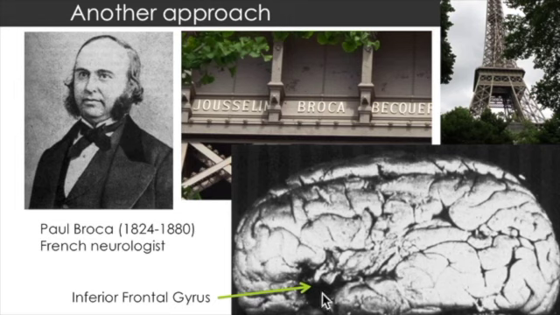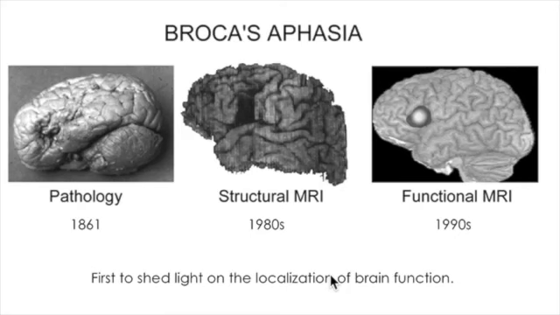And so this region, known anatomically as the inferior frontal gyrus, we also think of as Broca's area. This is the famous Broca's area. Now, in 1861, he found that this region was missing in his famous patient Tan. And since then, this is one of the findings that have really held up over many, many years.